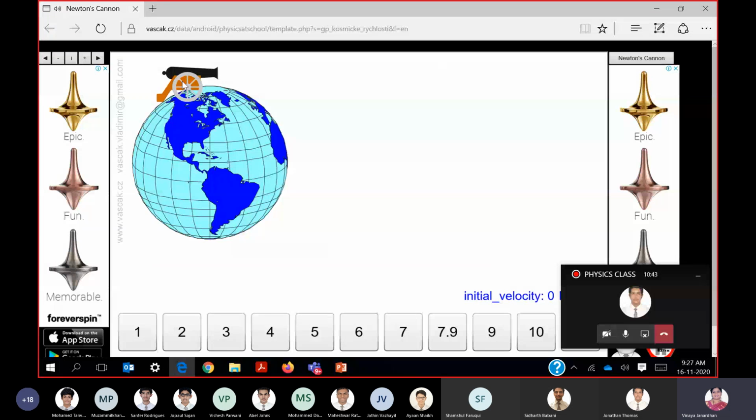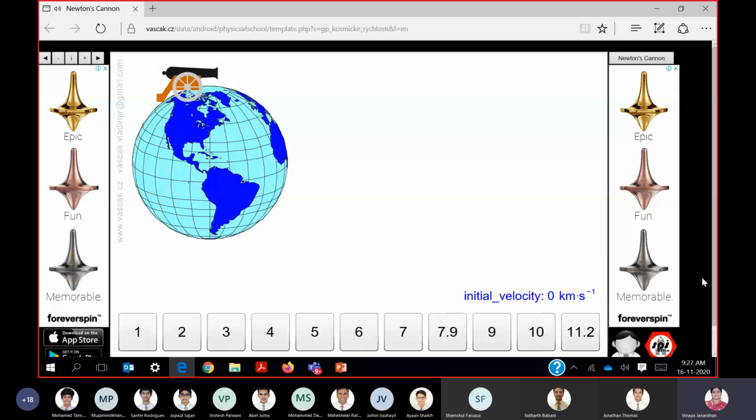This Newton cannon experiment gives a brief idea of how a satellite should be fired into an orbit. You have a cannon where you can fire the shell. Let me put the initial velocity of the shell as 1 kilometer per second.